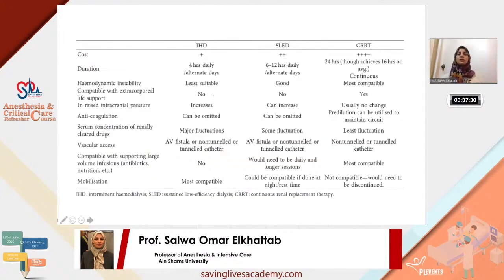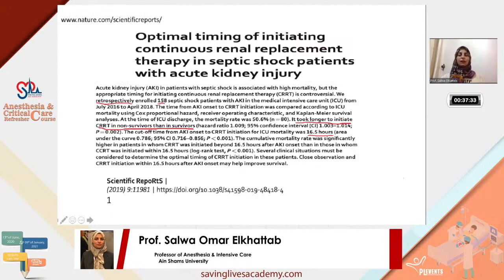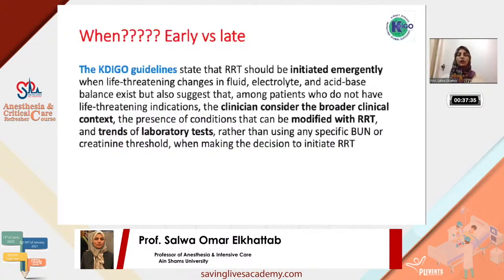What about early versus late? Our guidelines show that you should not consider a cut-off biomarker, but you have to look at the whole clinical context of the patient. If you have an emergent indication to start, you have to start immediately without any delay, as we mentioned before. If you don't have these emergent indications for RRT, you have to consider the whole clinical context of the patient.